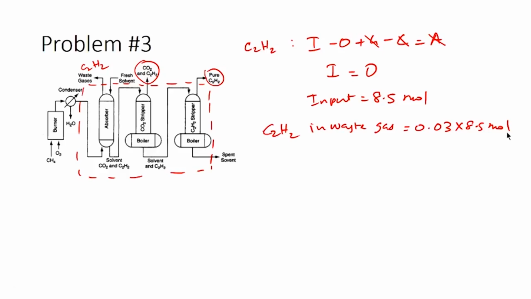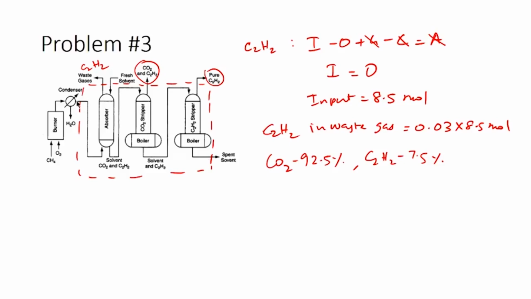Now the next exit stream we have is acetylene leaving along with carbon dioxide from the CO2 stripper. The information we have is CO2 constitutes 92.5% and acetylene constitutes 7.5% of this stream, and we know that CO2 is not leaving the system through any other stream.